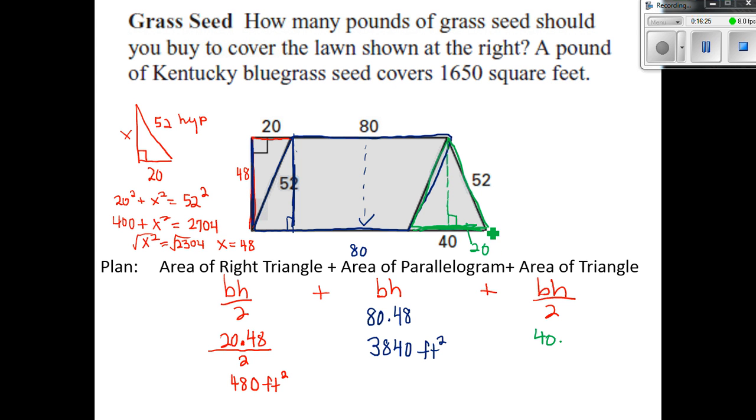So this would be 20, that would be 52. But that's already this guy over here. So this height is also 48. So 40 times 48 divided by 2 would give me 960 feet squared.